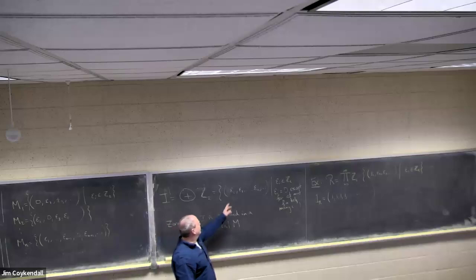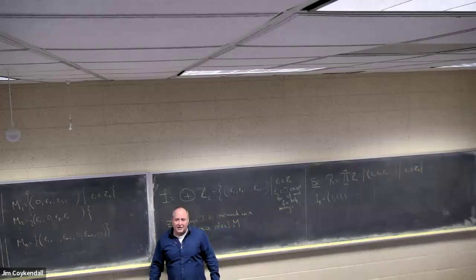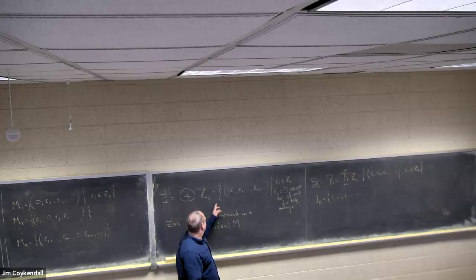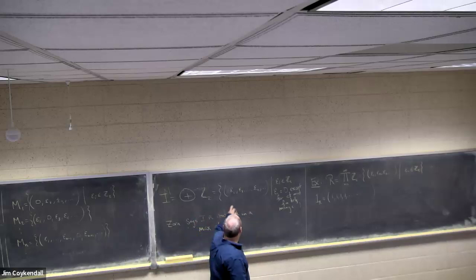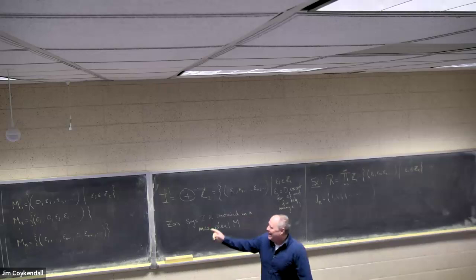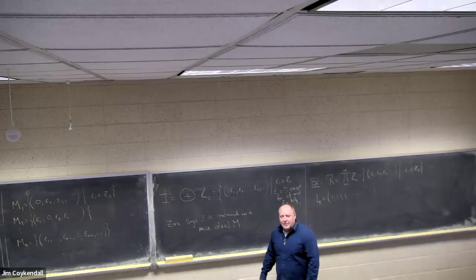In the direct sum, I've got 0, 1, and then all zeros. That's not in M2. You've got 0, 0, 1, and then zeros after that, so it's not in M3, and so forth and so on. So this thing is not contained in any of these maximal ideals. So there has to be another. There has to be. And here's another problem. And this is why the axiom of choice.